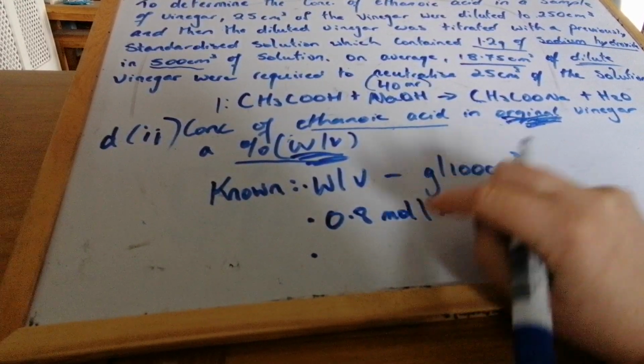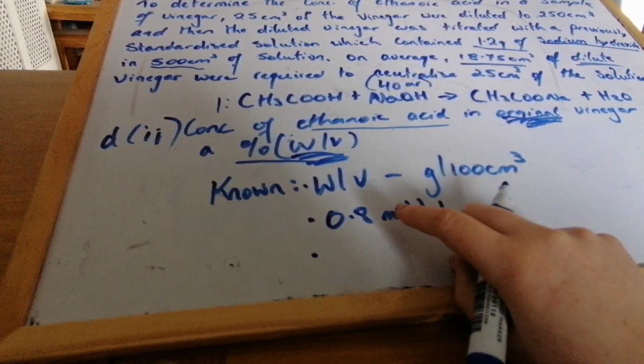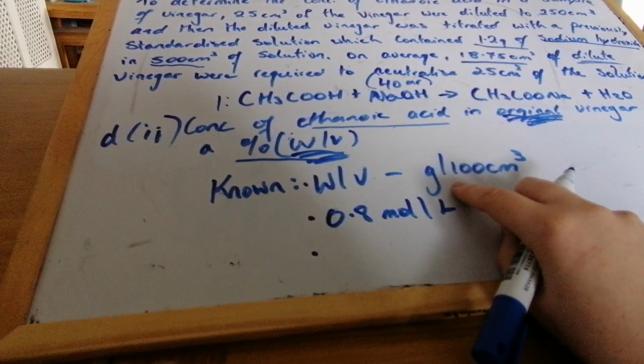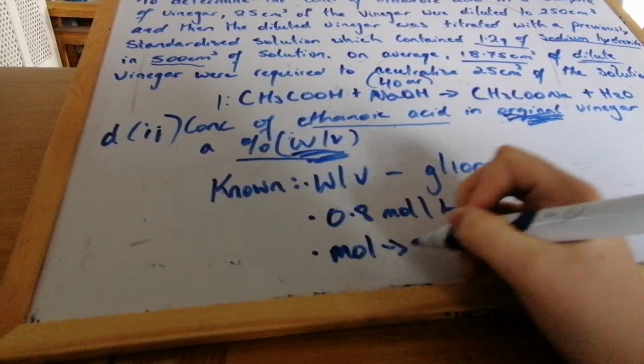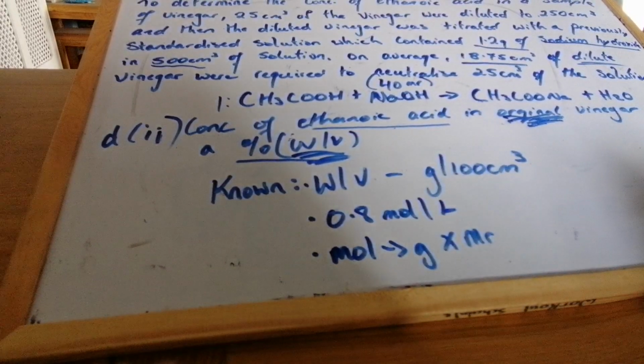That's something we should know from memory: if I have moles and I want to go to grams, we must multiply by the molecular mass. So moles to grams, multiplied by MR, or molecular mass.